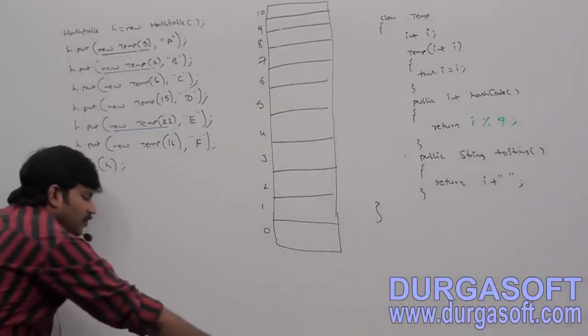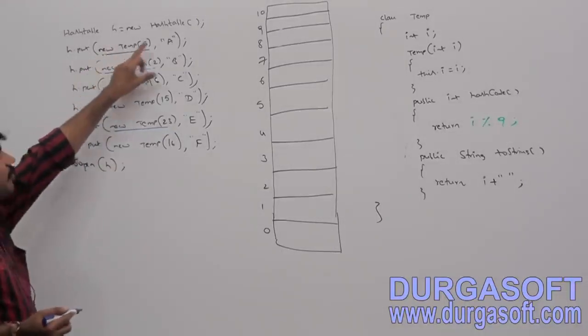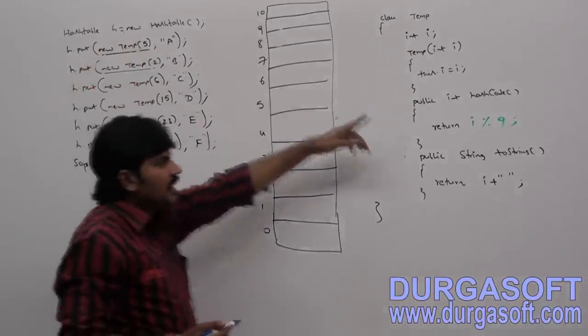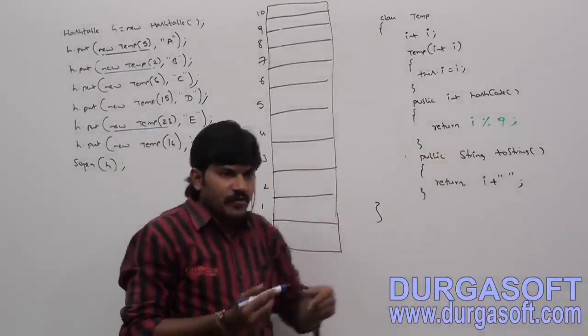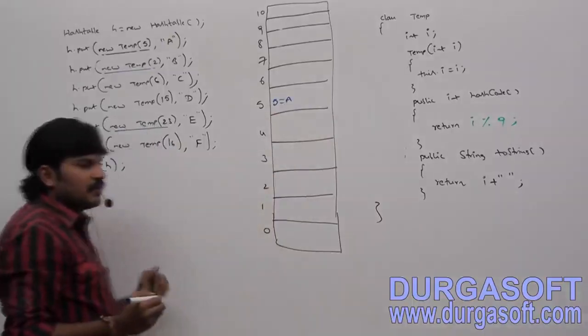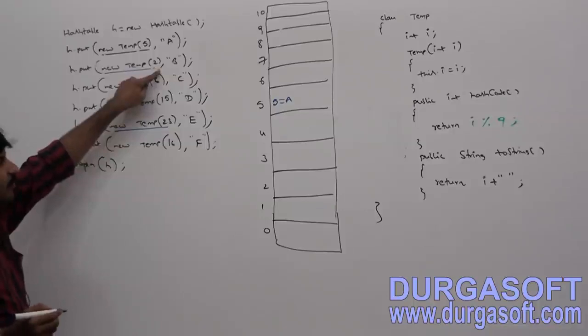Now how will the data be saved? Observe these well. Sir, new Temp(5), A: what is the hash code of the key? 5 % 9 is nothing but 5 only. In the fifth bucket, 5 is equal to A got placed. Next, new Temp(2), B: can you tell where it will be placed?